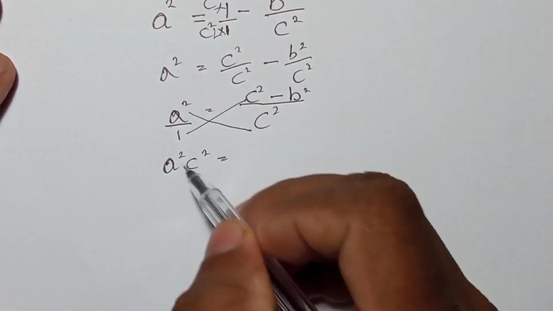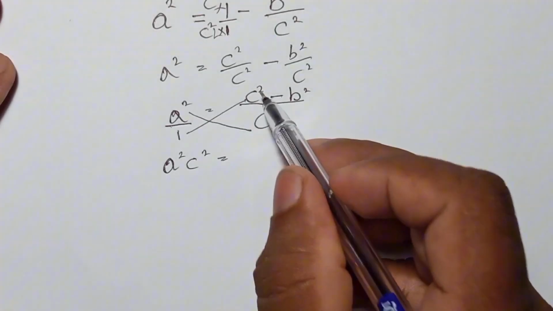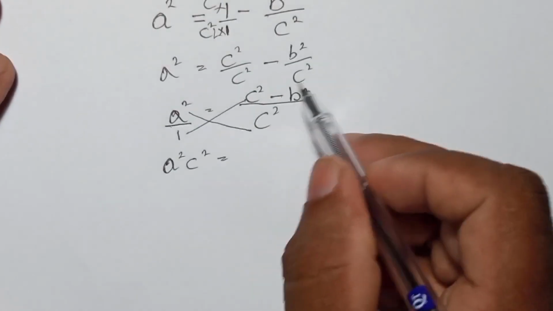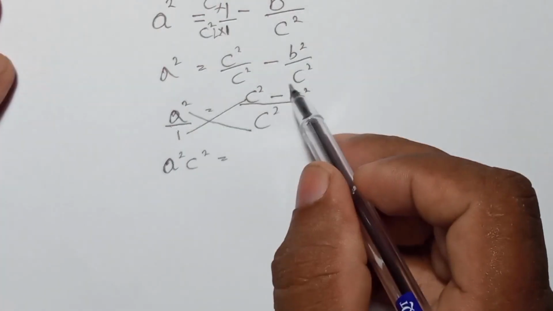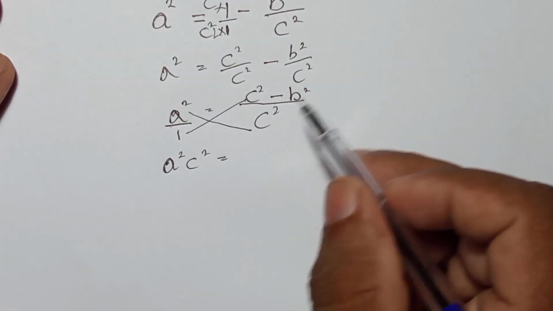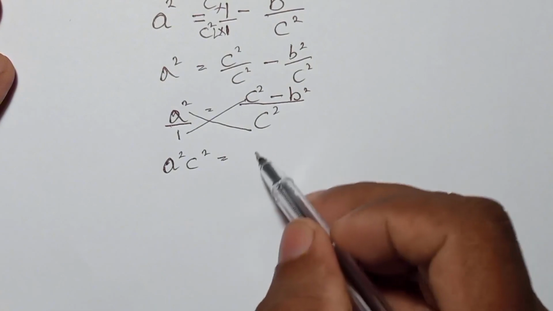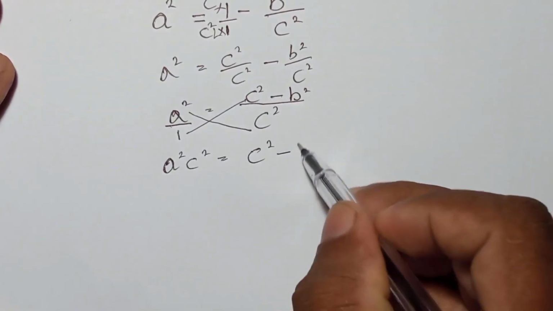A square into C square, so A square and C square. I don't need to multiply 1 by 1, because 1 into anything is the same thing. So here 1 into C square minus B square, you will have the same thing, C square minus B square, right?